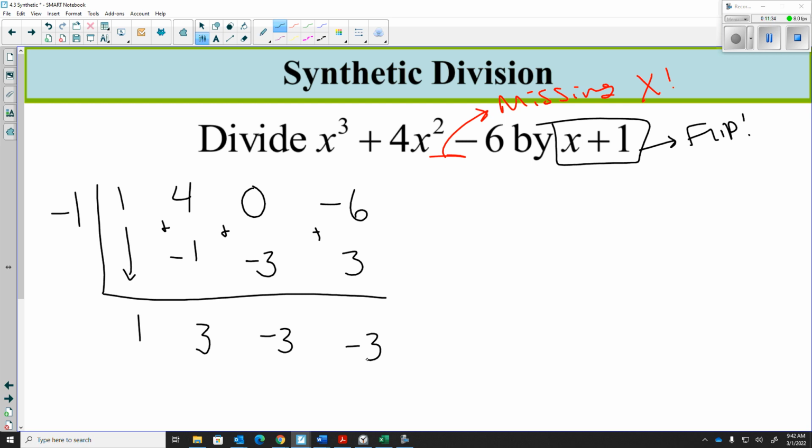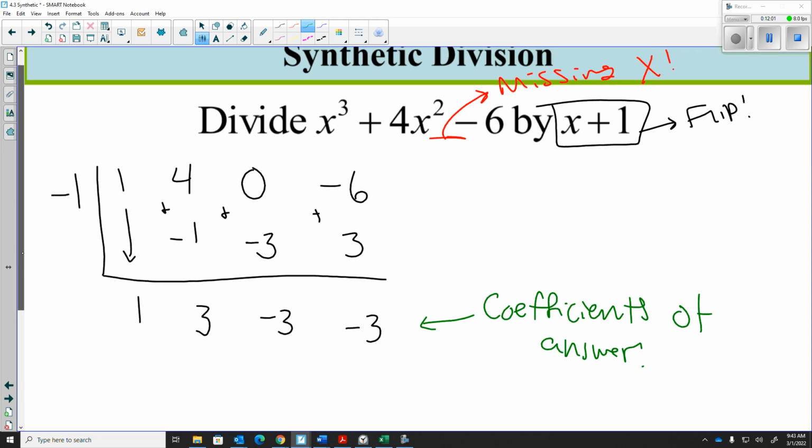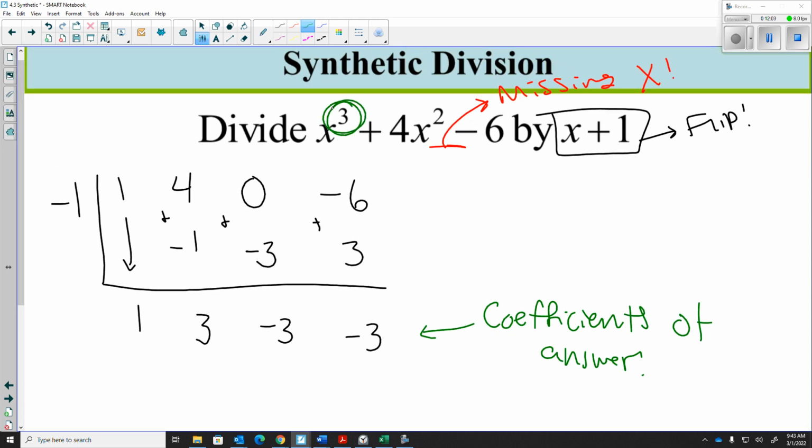Okay, so these numbers are the coefficients of the answer. Those are the coefficients of the quotient. So I can write it out. What degree is the answer going to be? Second degree, because I started at a third degree, so I need to get bumped down 1 because I'm dividing, right?